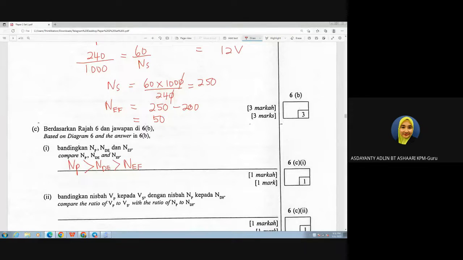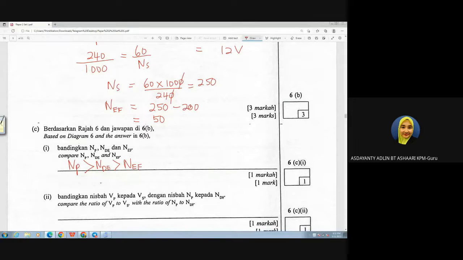Okay, compare the ratio of VP to VS with the ratio of NP to NDF. Ratio VP to VS. VP 240, V secondary 60. The answer is equal. Compare the ratio of VP to VS with the ratio of NP to NDF. NDF 200.